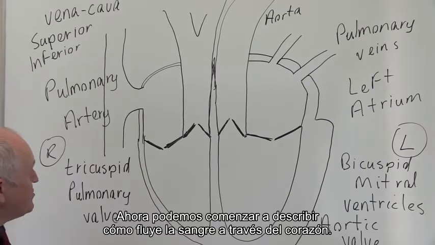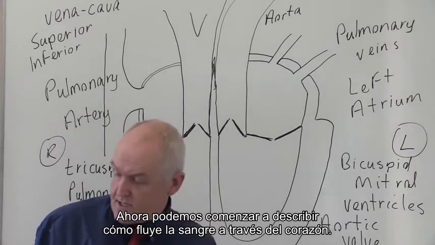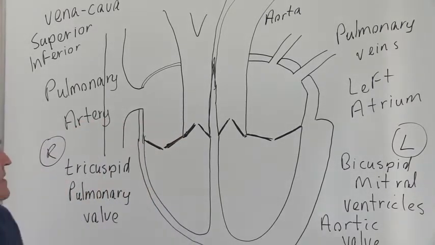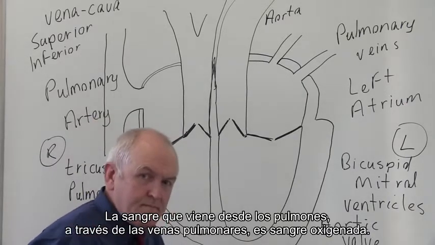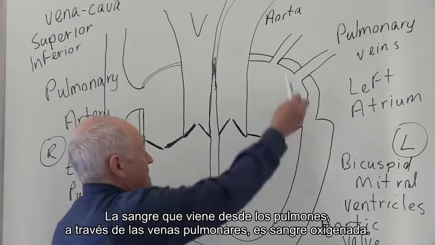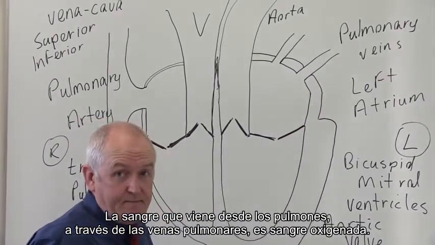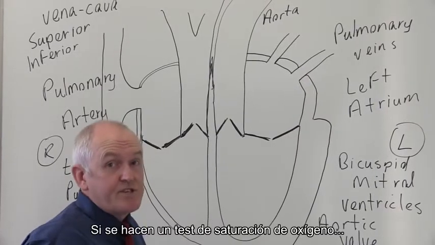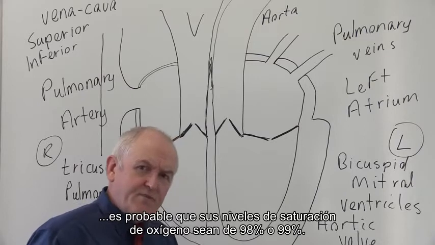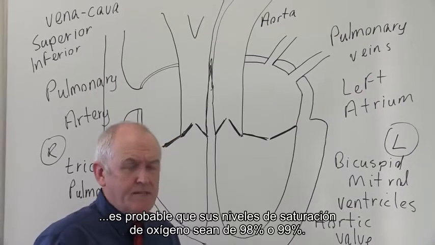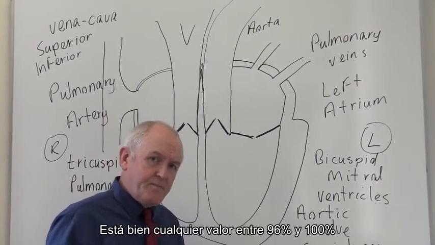So what we can actually do now is start to describe the flow of blood through the heart. Now, the blood coming back from the lungs is going to come back in the pulmonary veins, and this blood is oxygenated. And if you do an oxygen saturation test on yourself, you'll probably find your oxygen saturations are about 98 or 99%, anywhere between 96 and 100%.